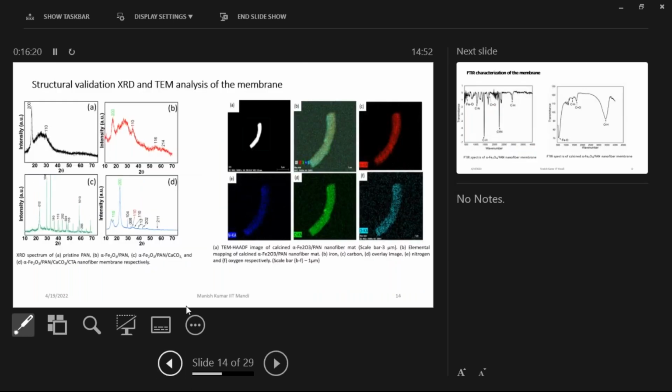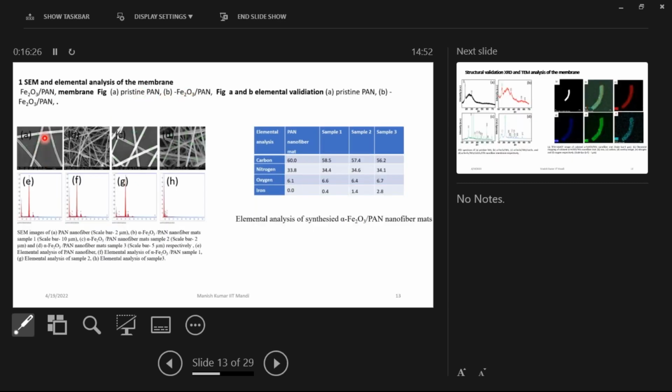Then we did its structural validation. First we optimized it with different concentrations of alpha-Fe2O3. We found that at 3% alpha-Fe2O3, it shows very good fine nanofibers. As you can see in figure A, it's fine, but it's pure PAN nanofibers.